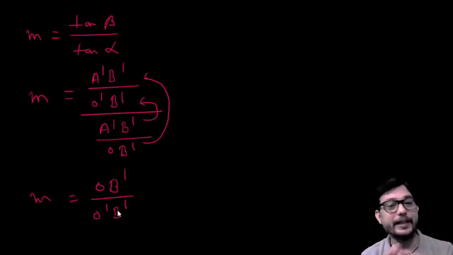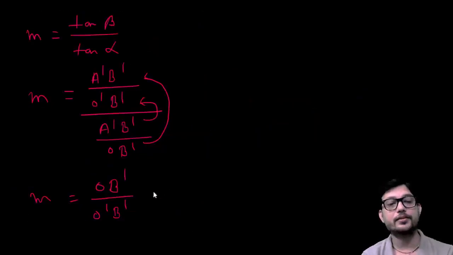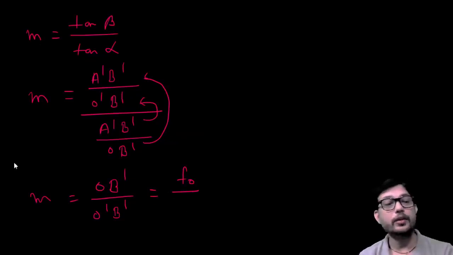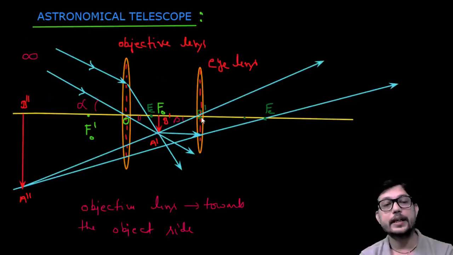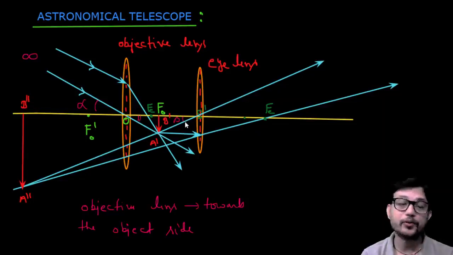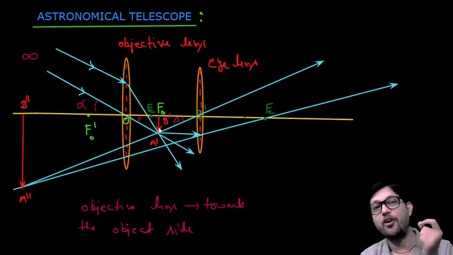Now look at the diagram. What is OB dash? This is OB dash, and OB dash is nothing but your focal length, so it can be written as FO. And O dash B dash: as I have told you, the image we get from the objective lens behaves like the object for the eye lens.